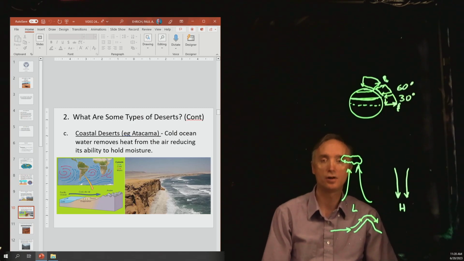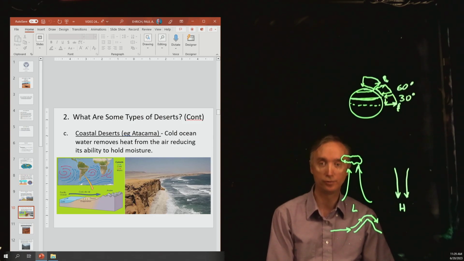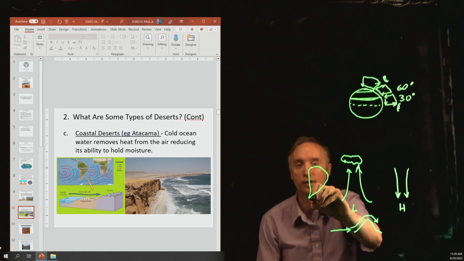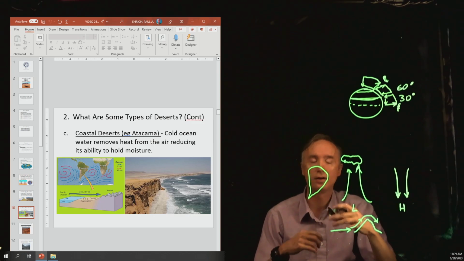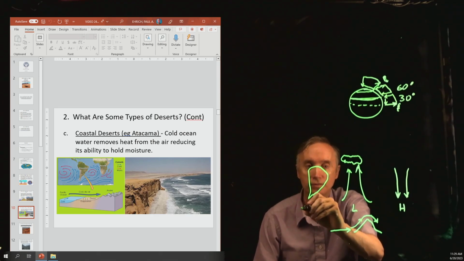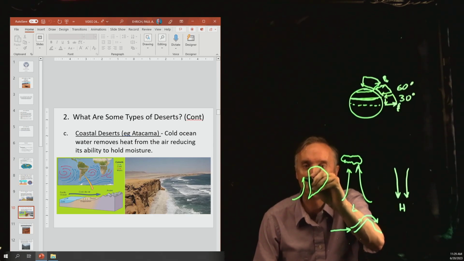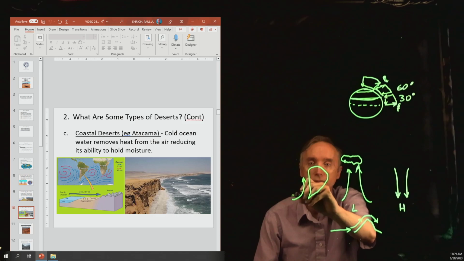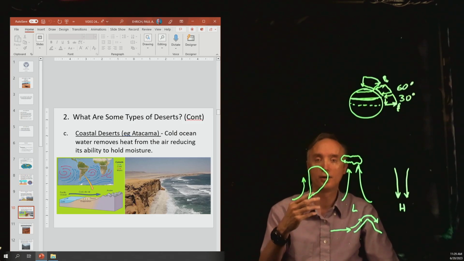Another one is called a coastal desert. You have these off the coast of Peru, for example. Let's draw a little picture of South America. Because of the convection in the oceans, you've got cold water from the poles down here coming this way, trying to get up to the equator. So you've got cold surface water up against the coast of Peru.